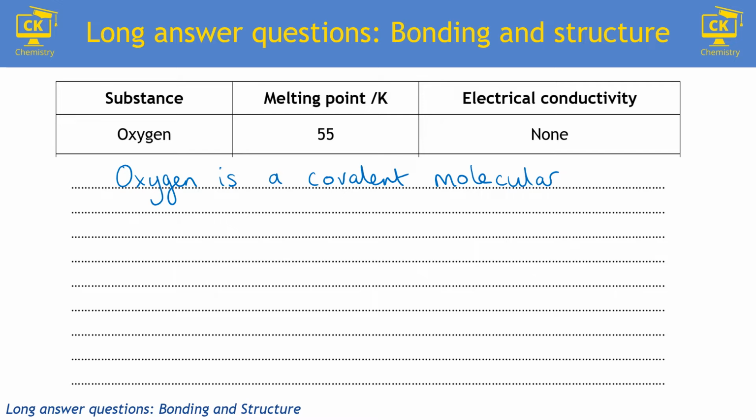And because it's not a giant structure, it's not a lattice like diamond or graphite, we definitely don't want to talk any more about covalent bonding at all, because it's completely irrelevant. Strength of covalent bonds is not what we're talking about here. We don't break covalent bonds when oxygen turns into a liquid or a gas. So what we want to say instead is that oxygen only has weak intermolecular forces.